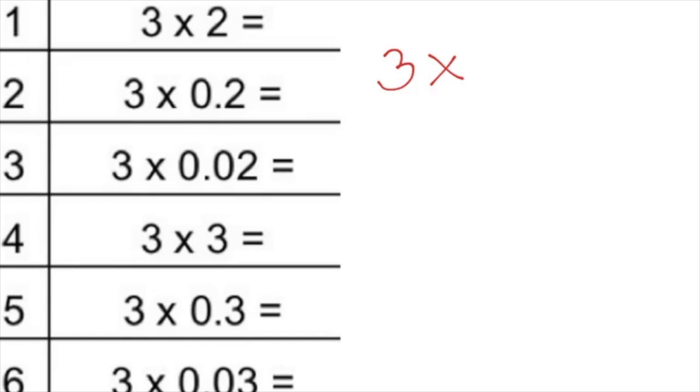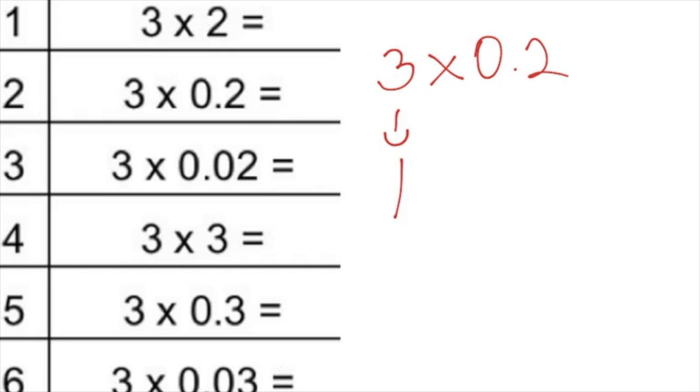3 times 2/10. Let's get used to using the correct names of our numbers, not 0.2, but we look at the place value of where the 2 is. The 2 is in the tenths place, so we call it 2/10. The 3 is in our ones place.